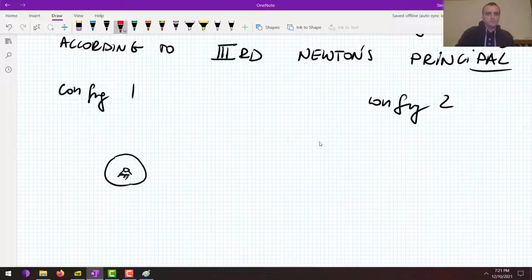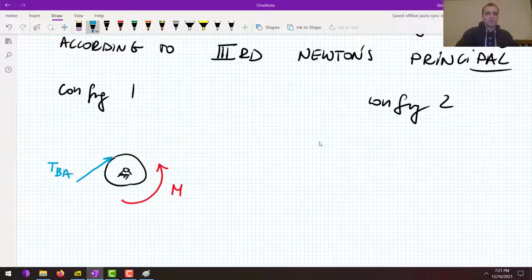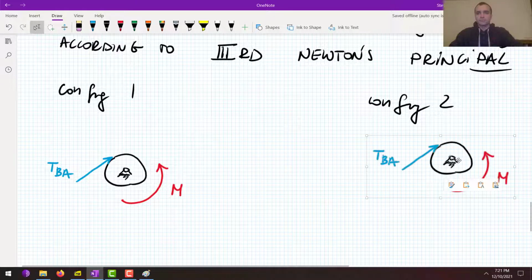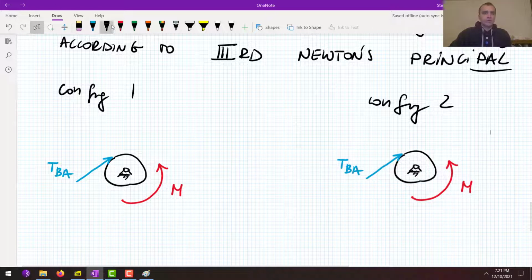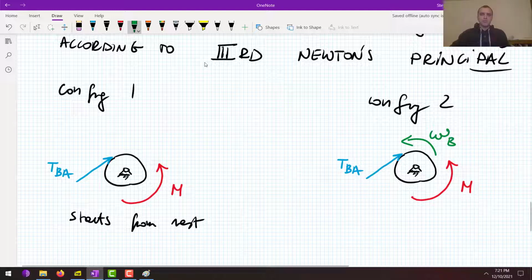We have M acting here, and we will also have our T_BA acting this way. And our gear starts from rest, and in config 2 it has some omega B, which we just found, by the way.